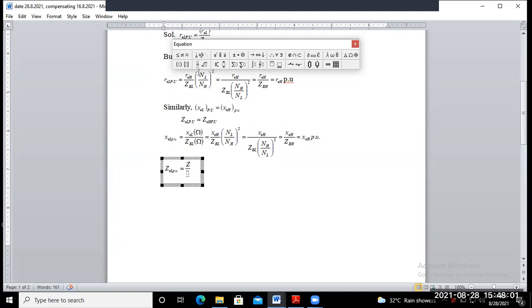So this is nothing but ZEL in ohm divided by ZBL in ohm.